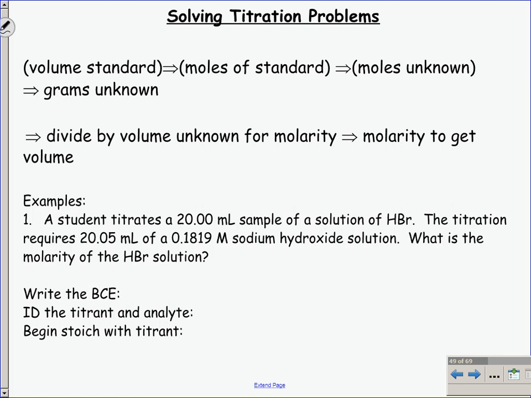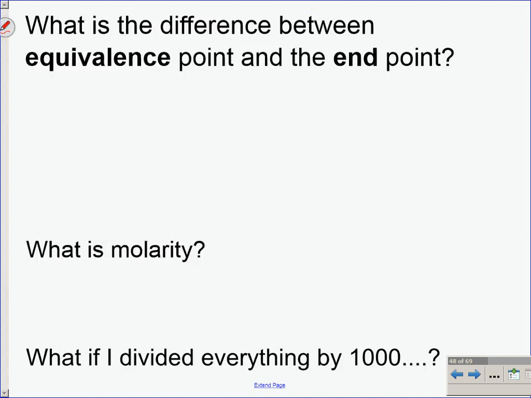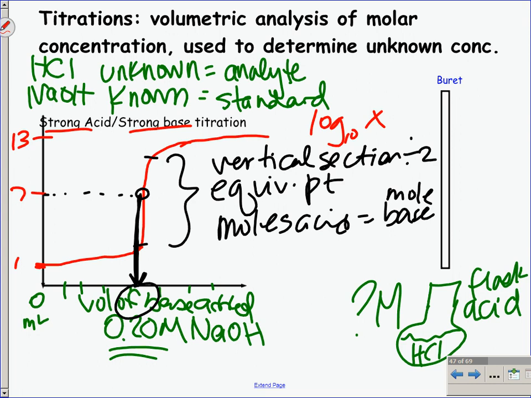Anytime you're given a standard volume, the volume of a standard, this is your known, right? Standard, aka known. What did I tell you always know about the known? It's molarity and its volume, right?